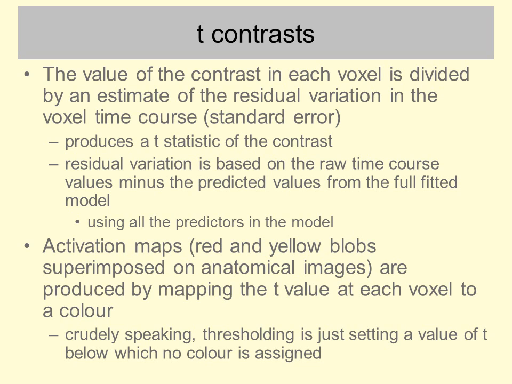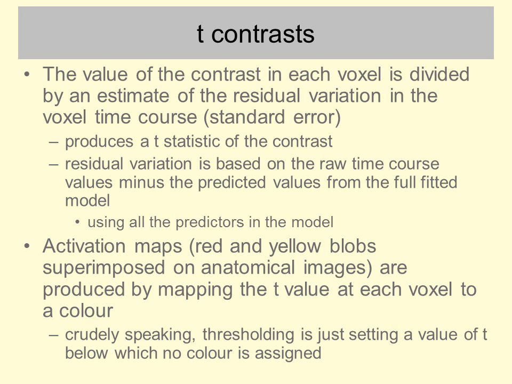So when you threshold an image in order to see just the areas that are most active in a particular contrast, you're just basically setting a value of T below which no colour is assigned, and you just see the anatomical image underneath.